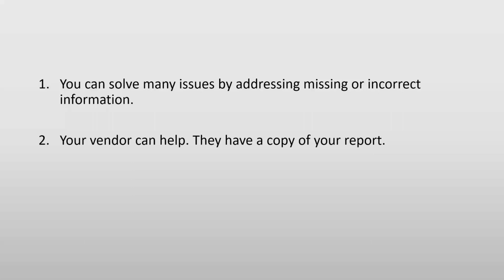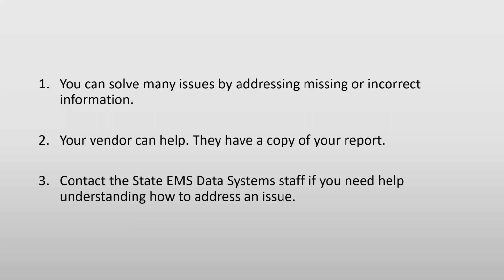So if you have a question about it and you want to discuss it with your vendor, you can tell them, hey, I'm looking at my data quality assessment from the state of Oregon. I see on page 9, there's this issue XYZ. The vendor can bring up their copy of your report, go to page 9, see issue XYZ, and help you understand and resolve that issue.